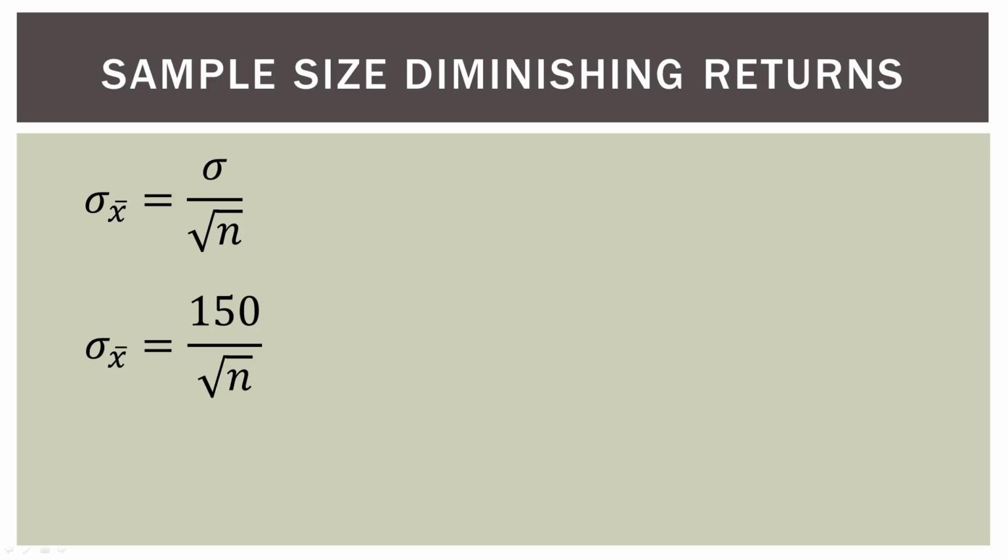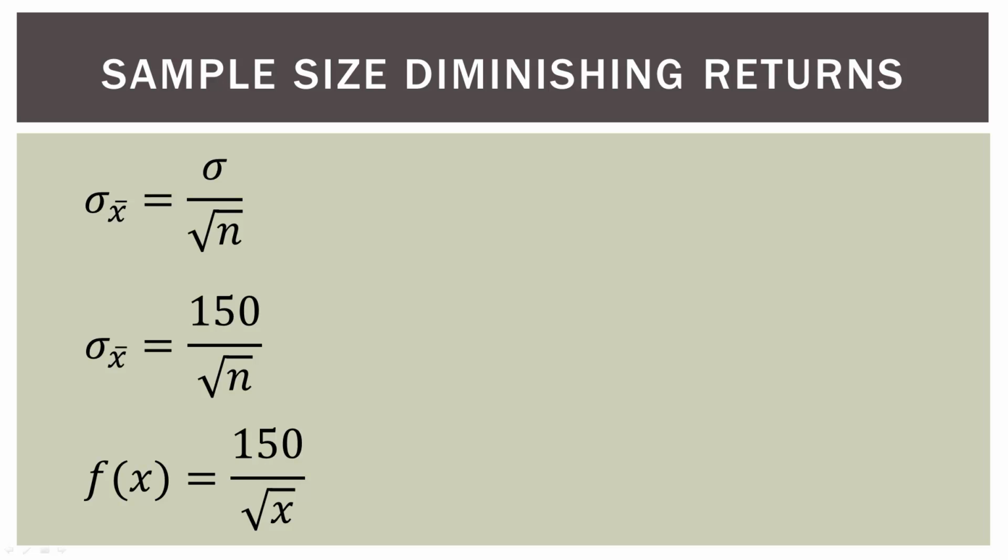Now we can express this as a function and then graph it. So if we treat sample size n as a variable, we can say the function is equal to 150 divided by the square root of x.